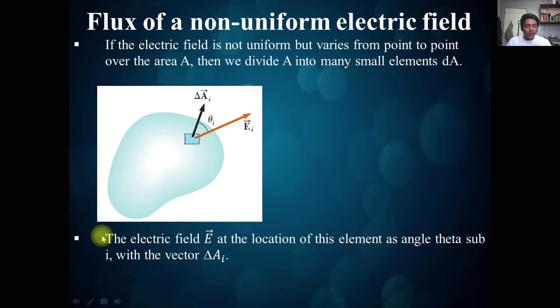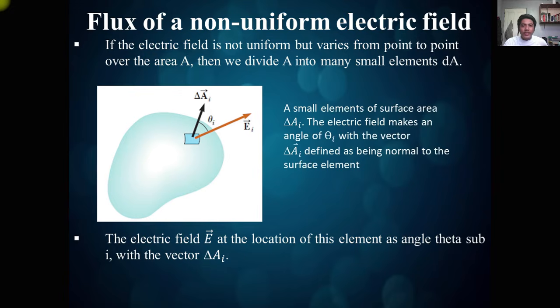What will happen after we divide it? We calculate all the electric flux, because as I have said, the electric flux throughout here is not the same, since the shape is not uniform and therefore we have a non-uniform electric field.